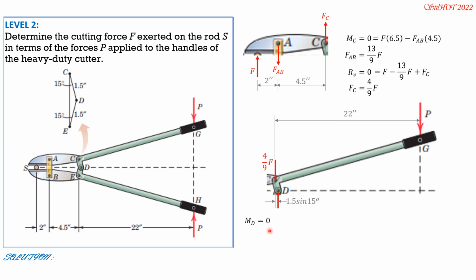So moment D equals P times the quantity 22 inches minus 1.5 inches sine 15, then minus 4 over 9 F times 1.5 sine of 15 degrees. From here, we can solve for F in terms of P using your calculator. So F is equal to 125.3 P.